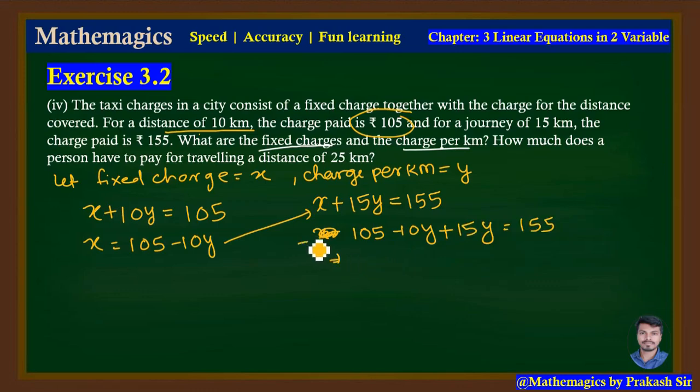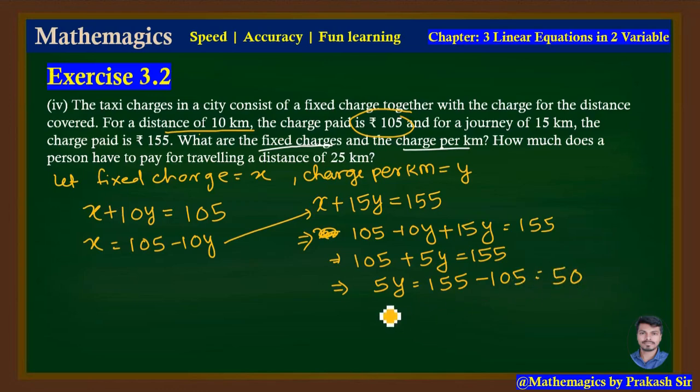That implies 15y minus 10y becomes 5y is equal to 155 minus 105, which is 50 rupees. So 5y is equal to 50, which implies y is equal to 10 rupees only.